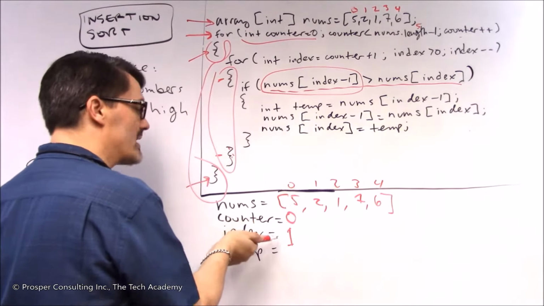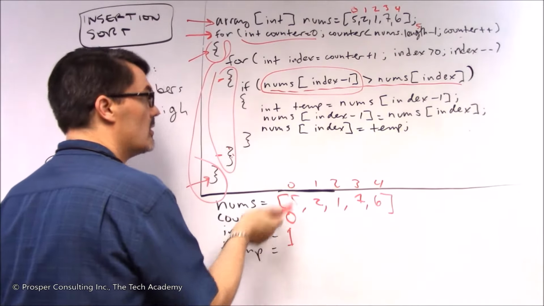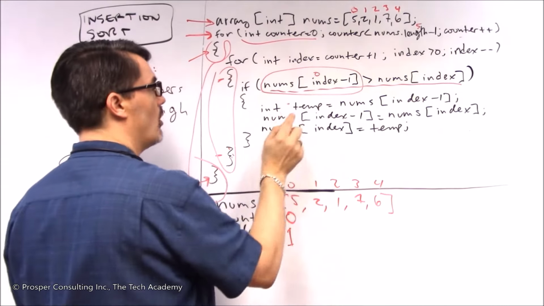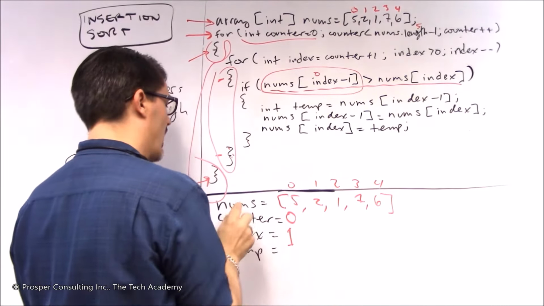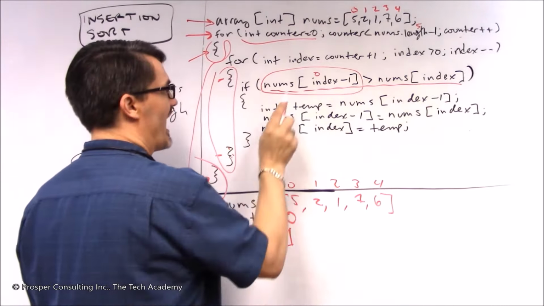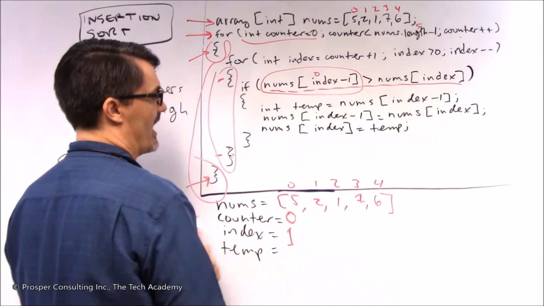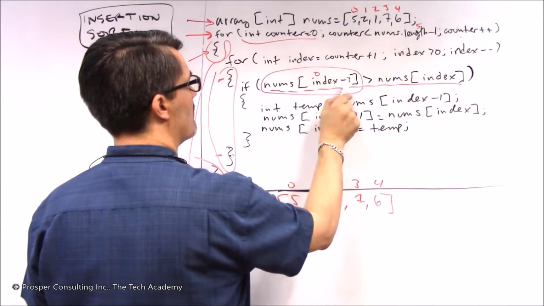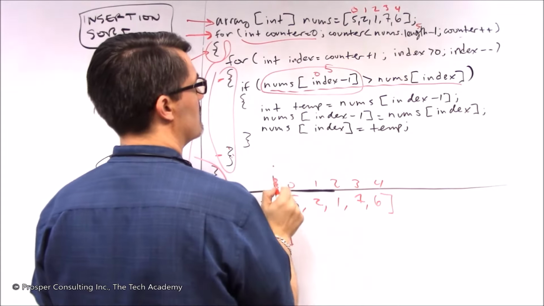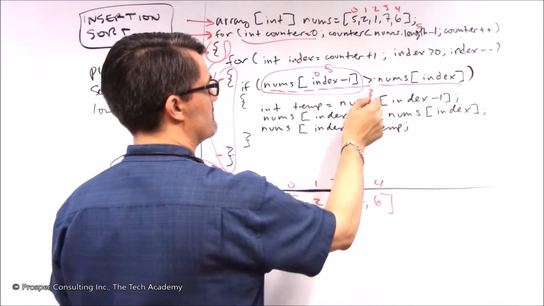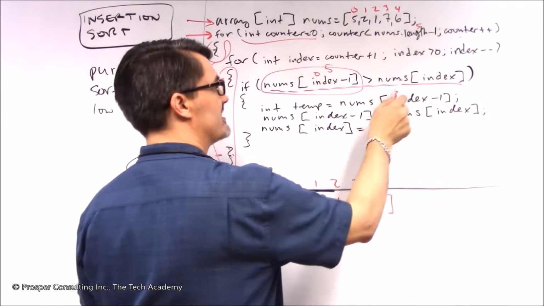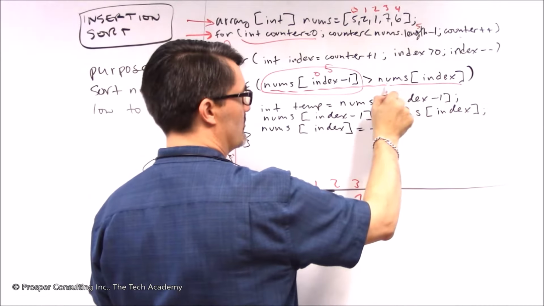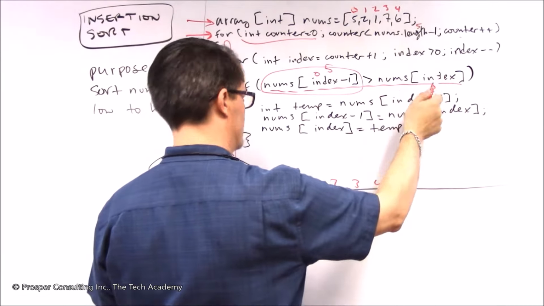Well, index right now is equal to 1. 1 minus 1 is 0. What's the value of the element in the array nums at position 0? It's 5. Is it greater than this? Well, what's this? This is the value of the element in the array nums at position index.